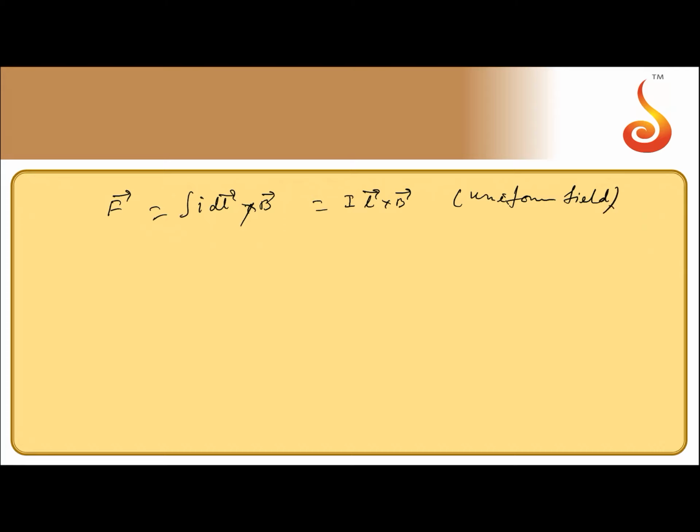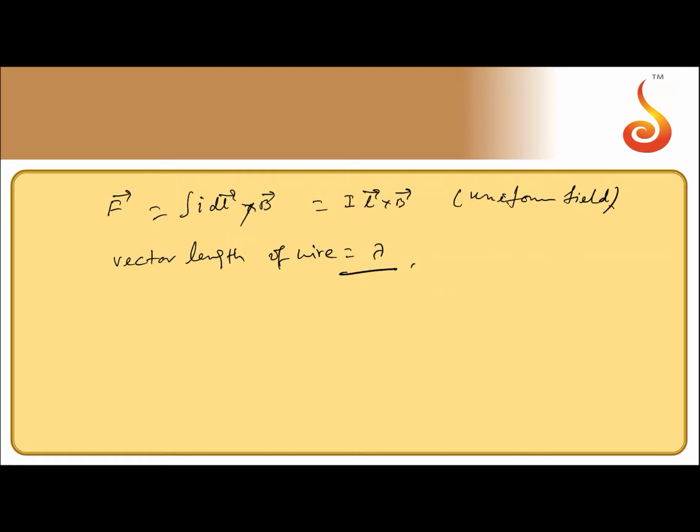So we have to take the vector length of the wire to calculate the magnetic force on it. So the vector length of the wire is equal to lambda. So the length of the wire should be taken as lambda. So it is I L cross B.